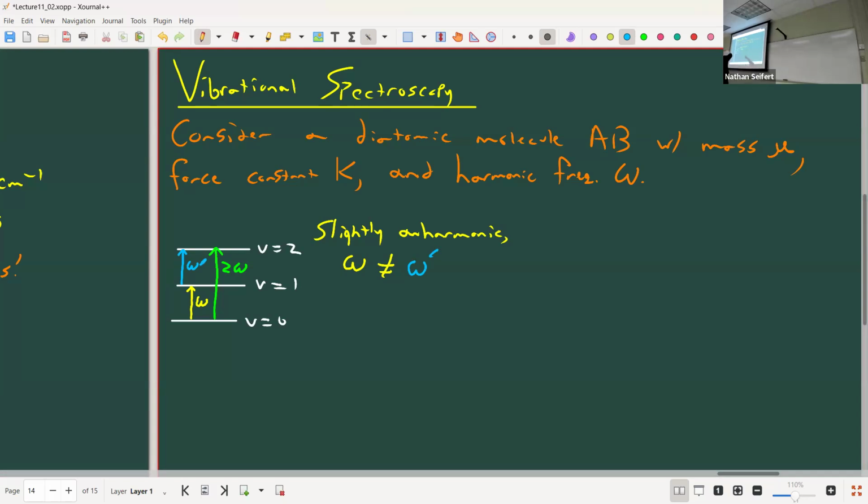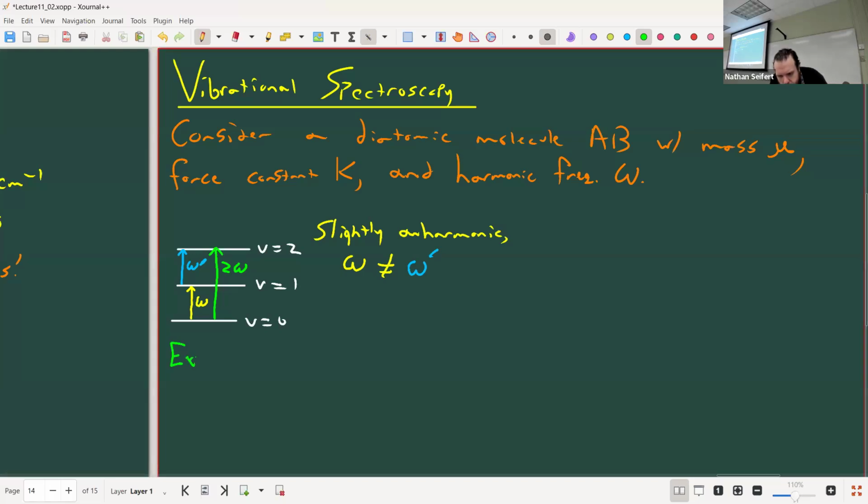So in this triplet of states, we would expect to see 3 lines. Let me write them down. The first one is V equals 0 to 1.